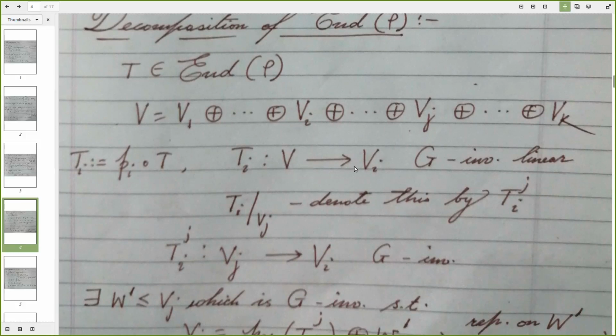Starting with the vector v, from V we get Tv which is in V, then we look at the ith component of the vector Tv. Okay, so T_i is a map from V to V_i. Now we shall restrict T_i to the subspace V_j. Let's denote it by T_ji. So T_ji is a G-invariant linear map from V_j to V_i.